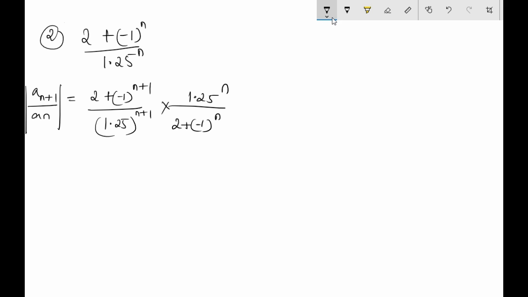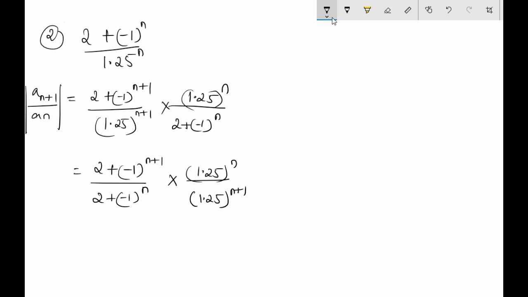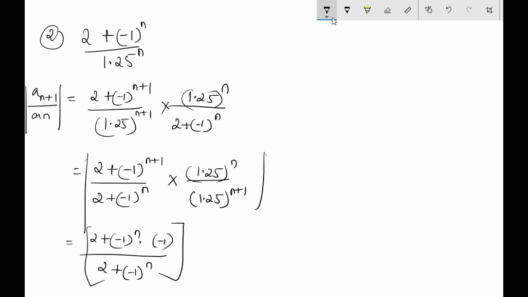So we can take all the like terms in one place. It will be (2 + (-1)^(n+1)) divided by (2 + (-1)^n), multiplied by 1.25^n by 1.25^(n+1). By splitting this, we get (2 + (-1)^n into -1) divided by (2 + (-1)^n), multiplied by 1.25^n divided by 1.25^n into 1.25.